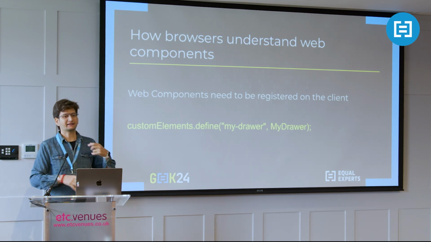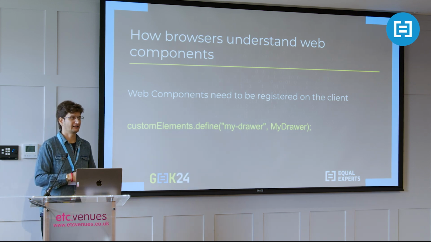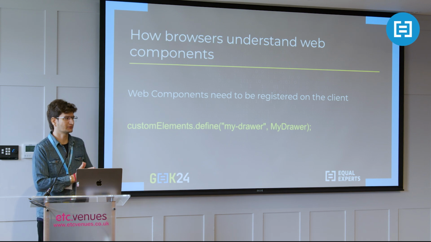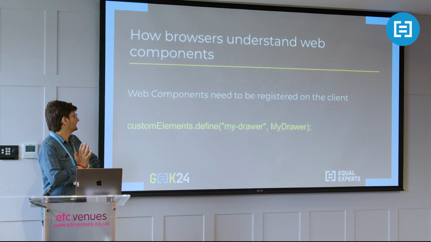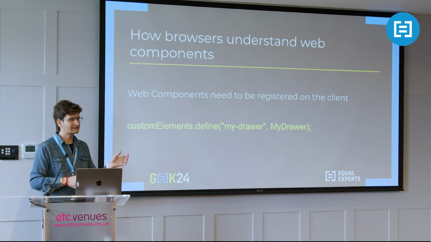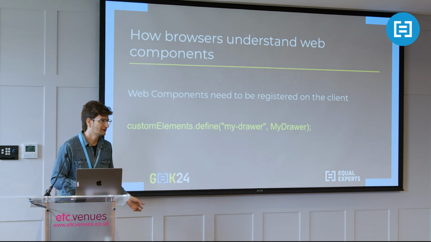So the browser is exposing an API on the global window object, which says that you can tell me that my drawer is a custom component, a custom element, and this is the implementation of it.